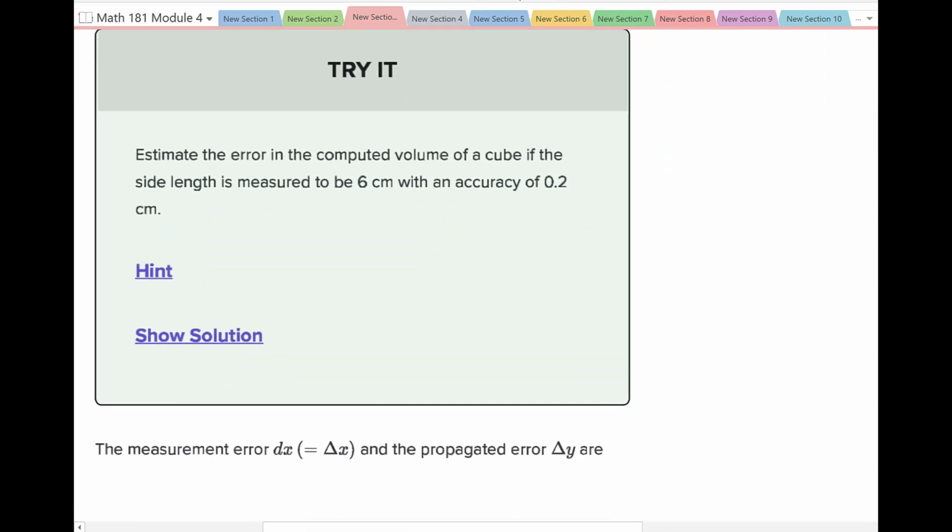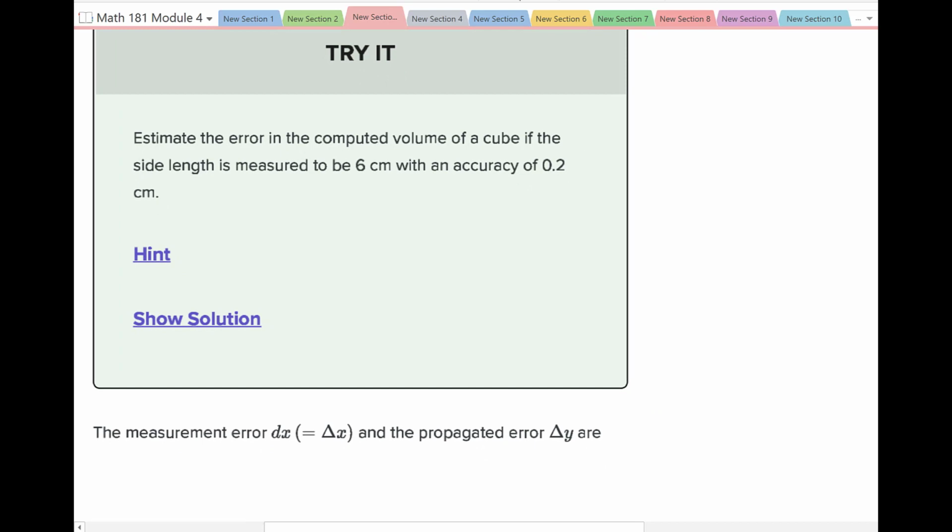Estimate the error in the computed volume of a cube if the side length is measured to be 6 centimeters with an accuracy of 0.2 centimeters. So again, our dV is going to be f prime of x dx.